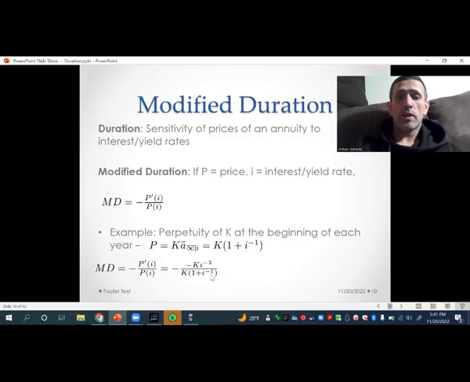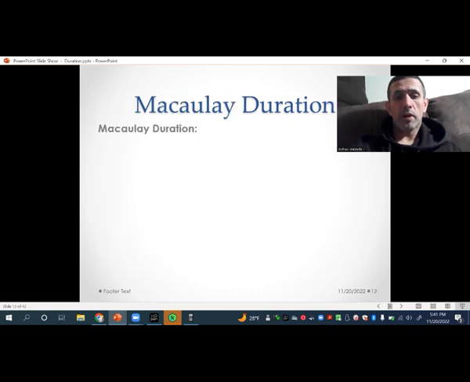K's cancel out, and the minuses cancel out. And if we multiply top and bottom by I squared, we get 1 in the numerator. I squared times 1 plus I to the minus 1 is I squared plus I in the denominator. Okay. All right, so we have this nice simple formula for modified duration.